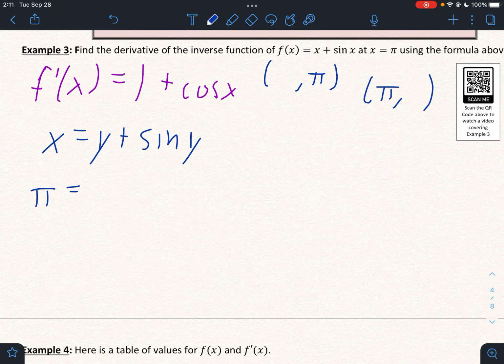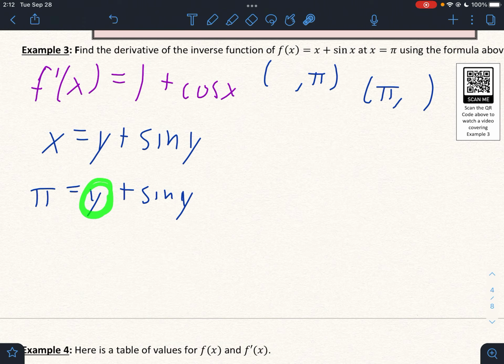So we have pi equals y plus sine of y. Thinking about how we would solve this equation, we probably want this to be 0. That's the only way we're going to get this to work. That would be 0 at 0 and pi, or 2 pi and 3 pi, but really just 0 and pi is all we need.